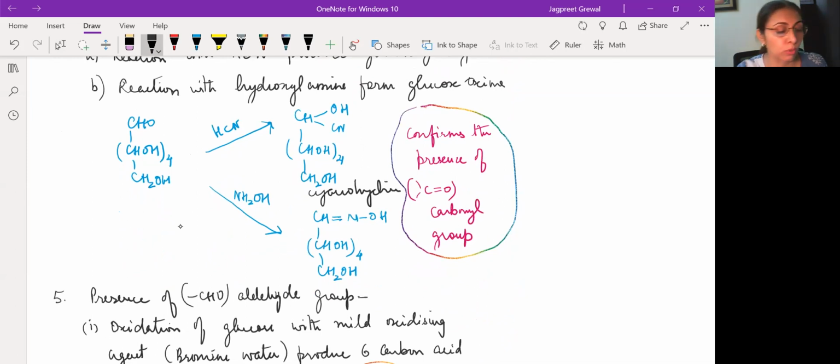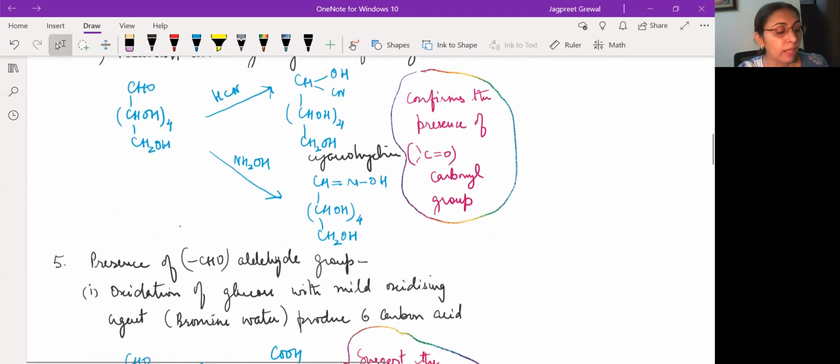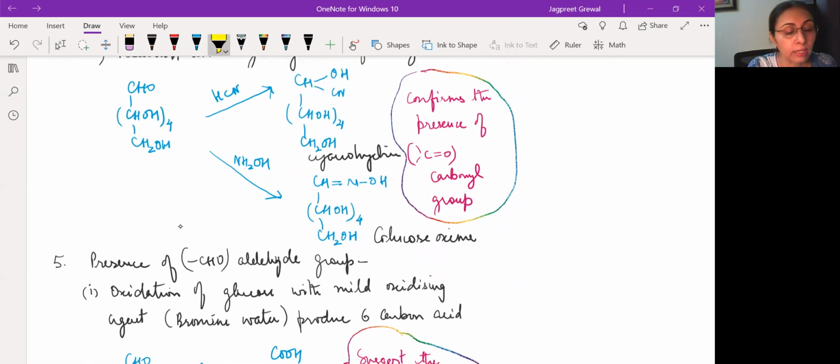Same happens in glucose, so you call it glucose cyanohydrin. Similarly, it reacts with hydroxylamine to form oxime. This is called glucose oxime. Both these reactions show that glucose contains a carbonyl group.